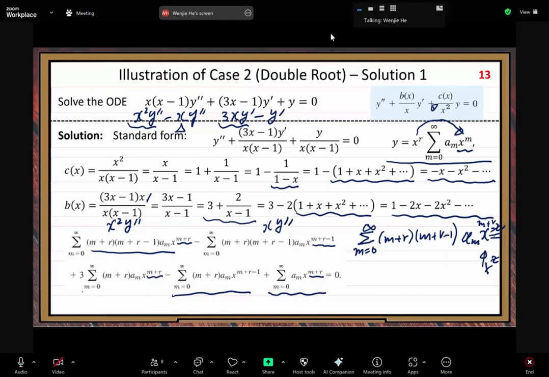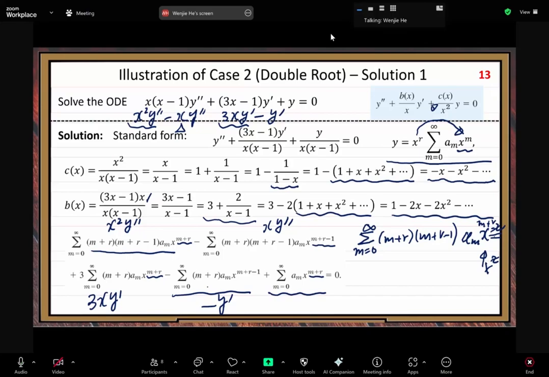And 3, so this corresponds to 3x y prime. This corresponds to y prime, minus 1. Then the last one. That's the way. Otherwise, if you do not write separately term by term like this, it could be very, very messy.